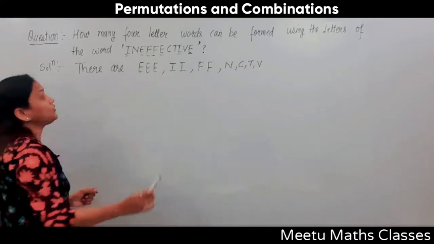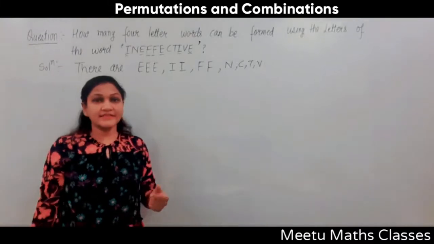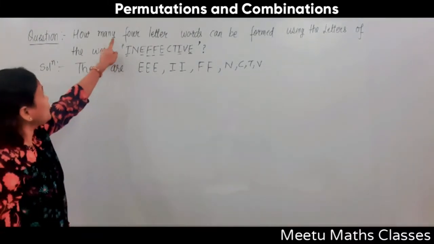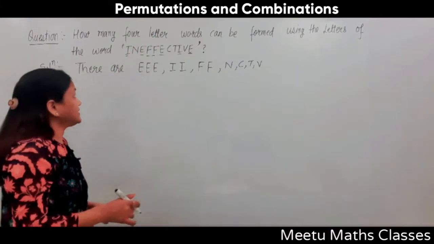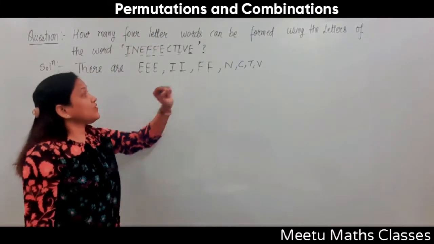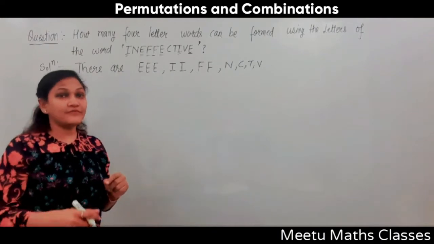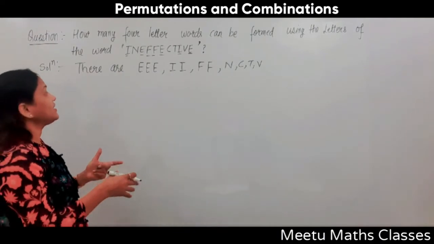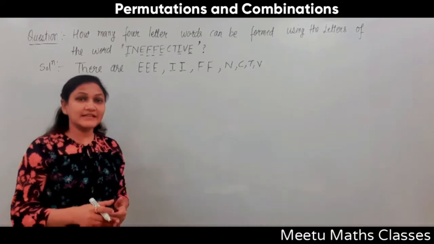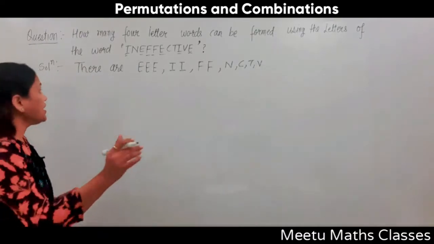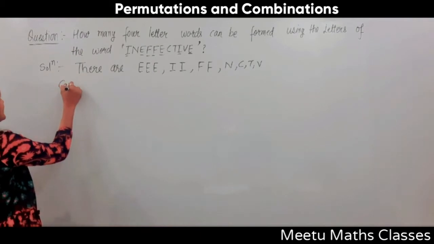So there are in total 11 letters, but we are supposed to form 4-letter words. Since all the 11 letters are not distinct, we have to make cases. We can choose 4 letters out of these 11 letters in different ways. So let us take our first case.